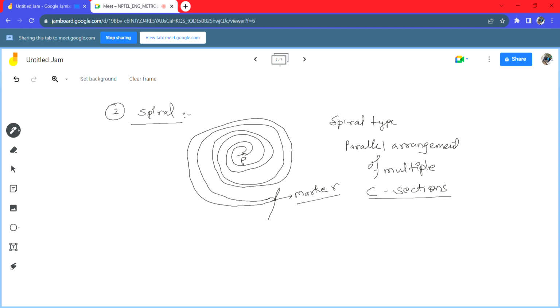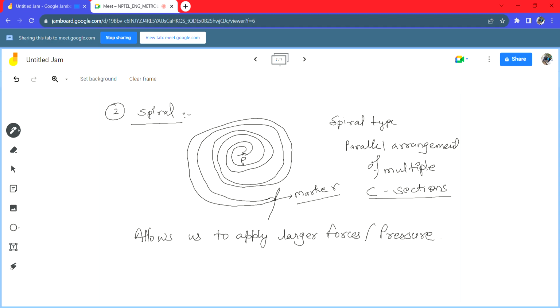So what it does is it allows us to apply larger forces and pressure. Why?